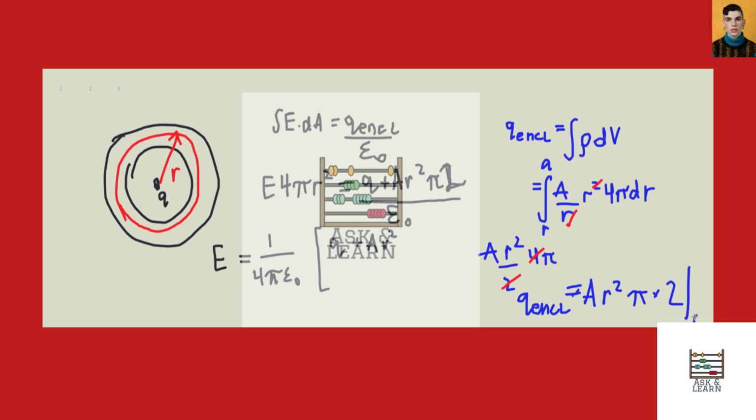So that's evaluated, and it actually starts out at a and ends at r. So here's a to r, and I'm going to reorder these in a more normal way. 2 pi A, r squared minus a squared.